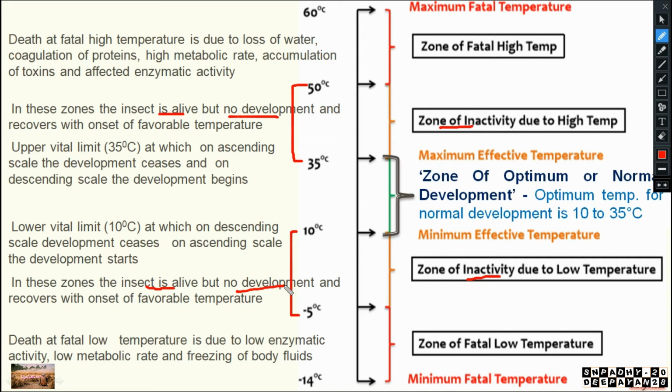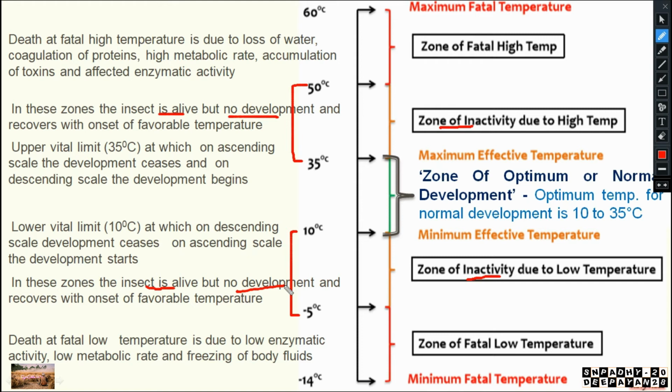But if this inactivity occurs due to high temperature, like 35 to 50 degrees centigrade, then that comes under the zone of inactivity due to high temperature. If it is low temperature, that means 10 to minus 5 degrees centigrade, that comes under the zone of inactivity due to low temperature. Got my point?